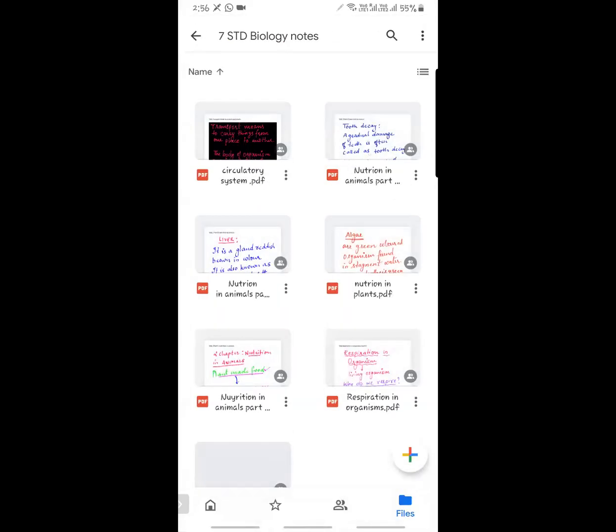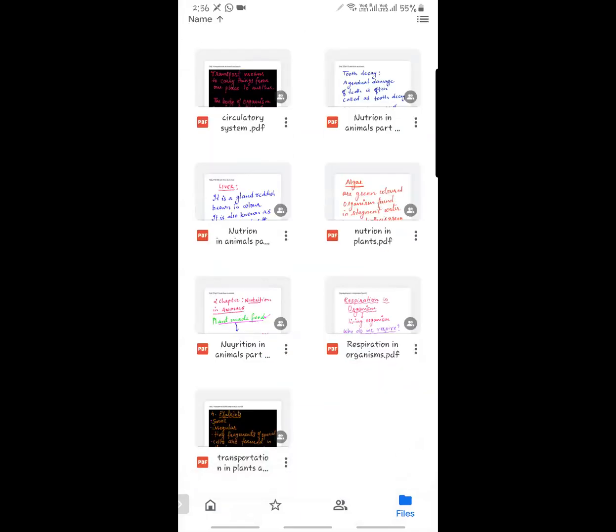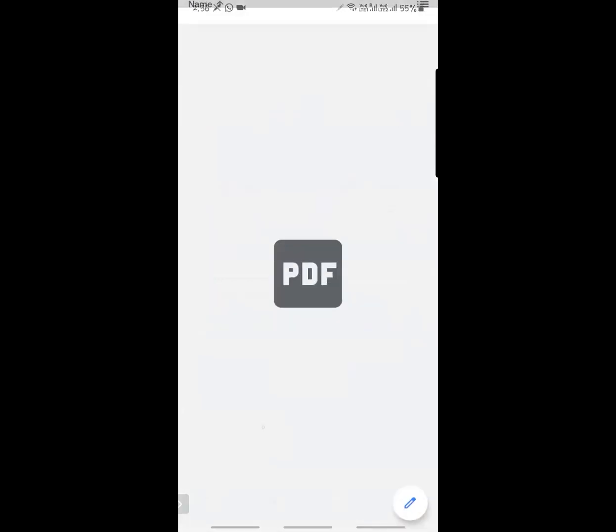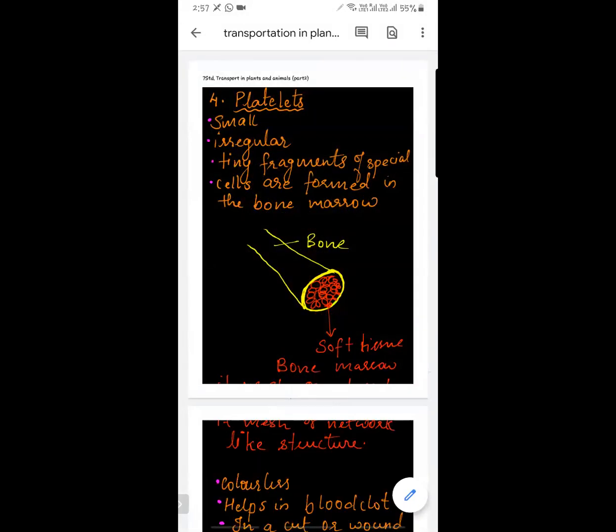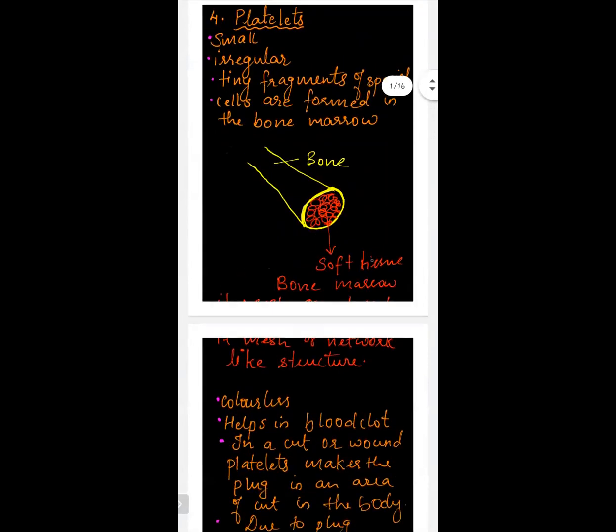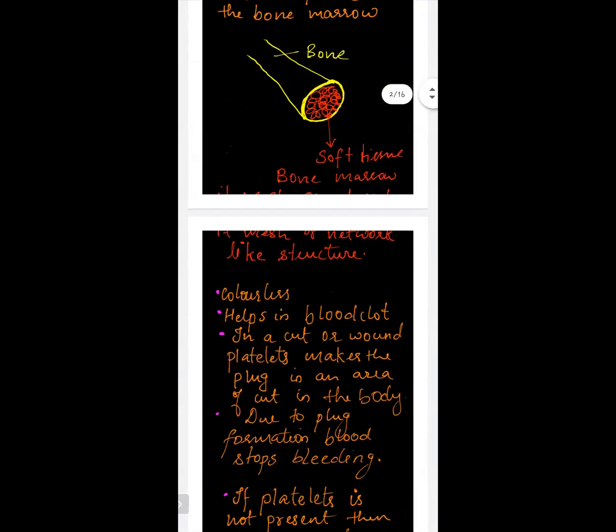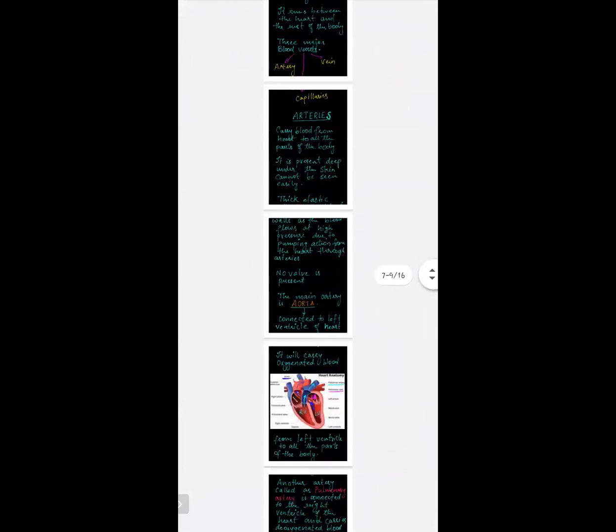Go to this. Can you find a folder here? All the slides are present here.